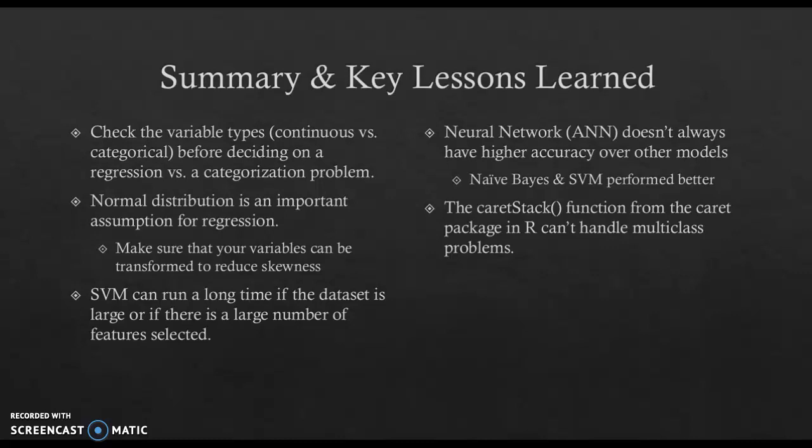I feel like I invested too much time formulating the regression problem before I made the switch to the categorization problem. And of course, normal distribution is a very important assumption for regression. Make sure that all your variables can be at least transformed to reduce the skewness.